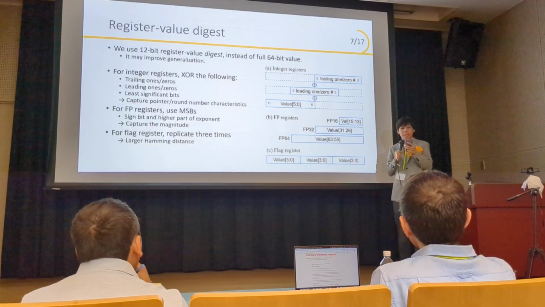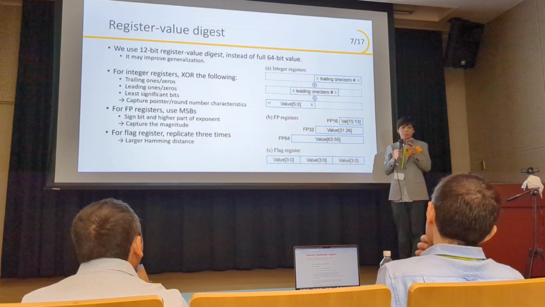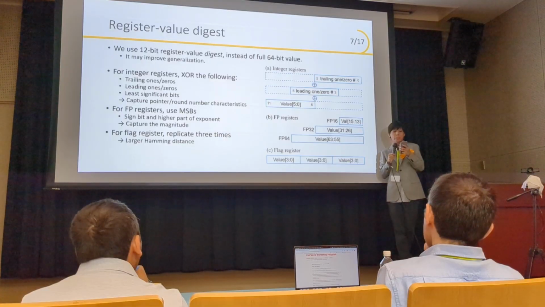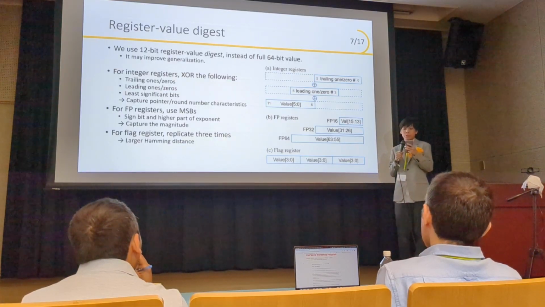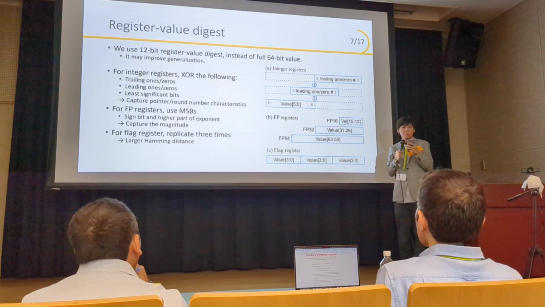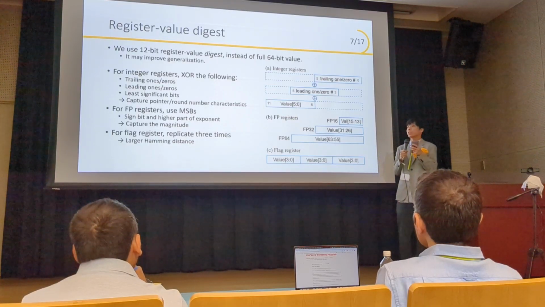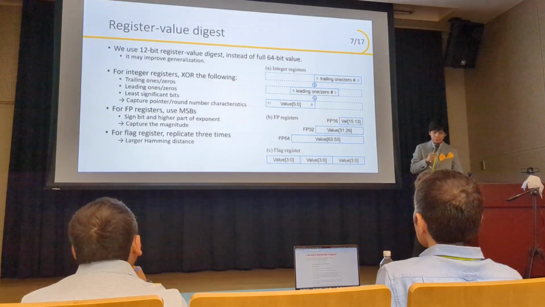These capture aligned values such as pointers, and small values. For floating point registers, we keep the sign and the high exponent bits, which encode the rough magnitude of the floating point number. For the flag registers, we duplicate the 4 status bits 3 times to enlarge the Hamming distance.